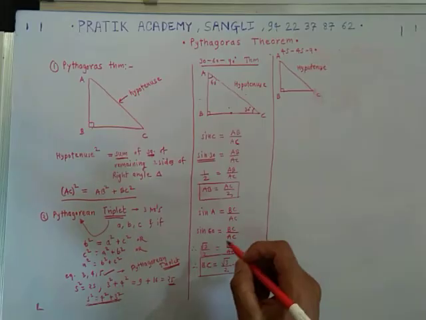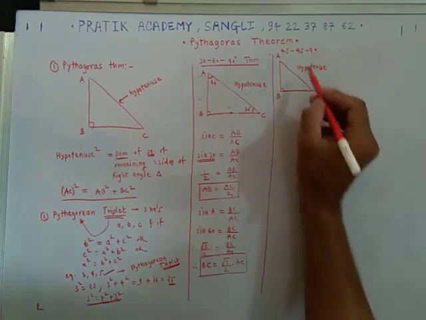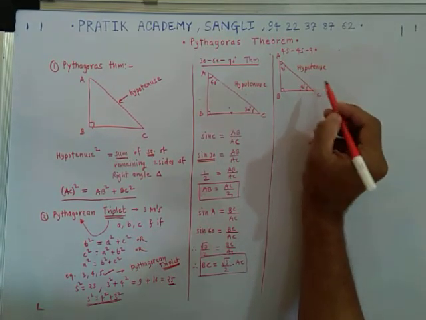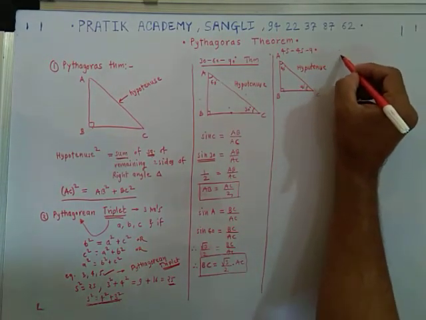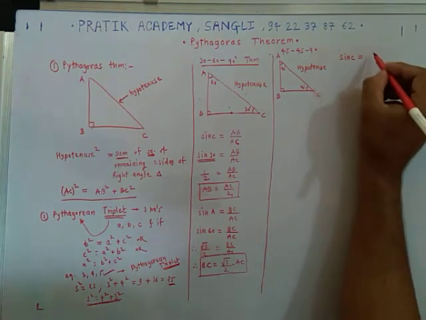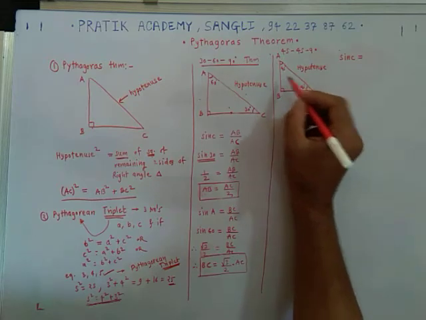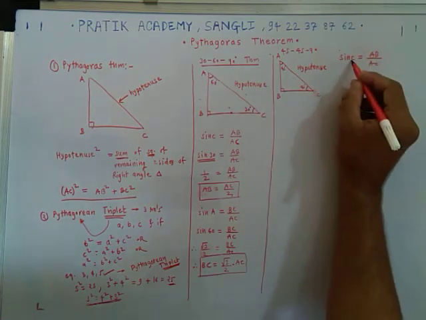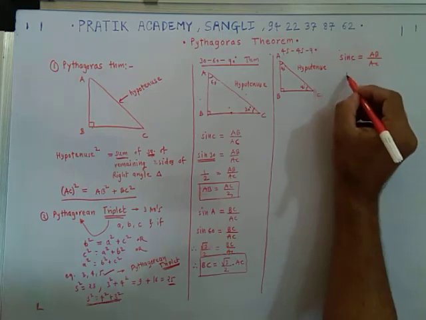Now let's take another property here. Just 1 minute. Now for this 45-45 degree triangle, I will take sine C. Sine C is again opposite upon hypotenuse, opposite is AB, hypotenuse is AC, but the value of C is 45 degree.